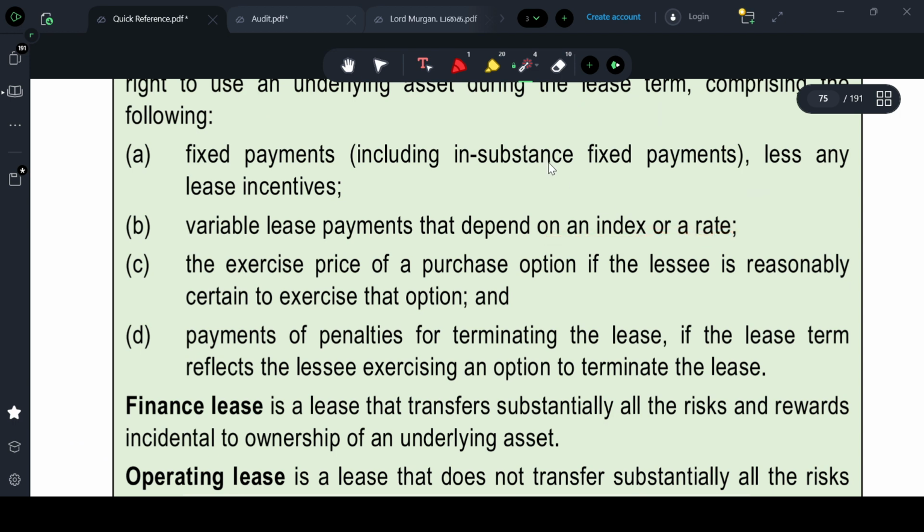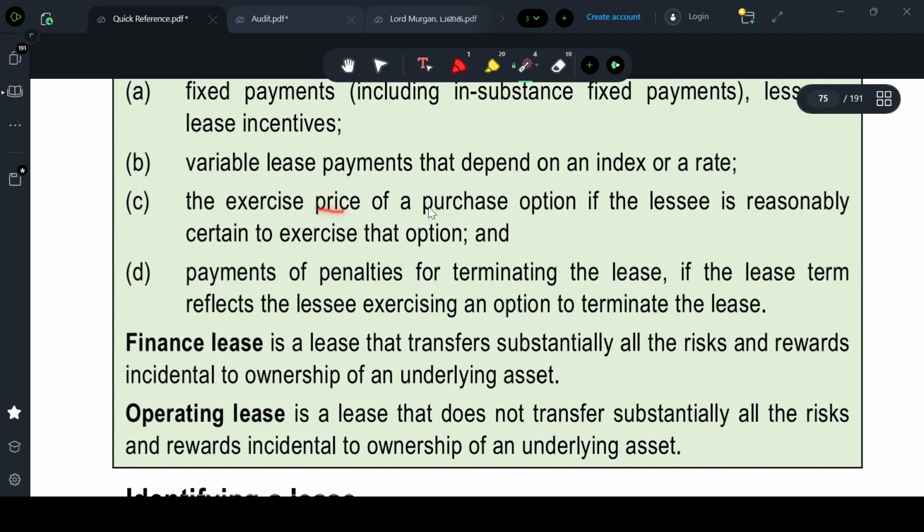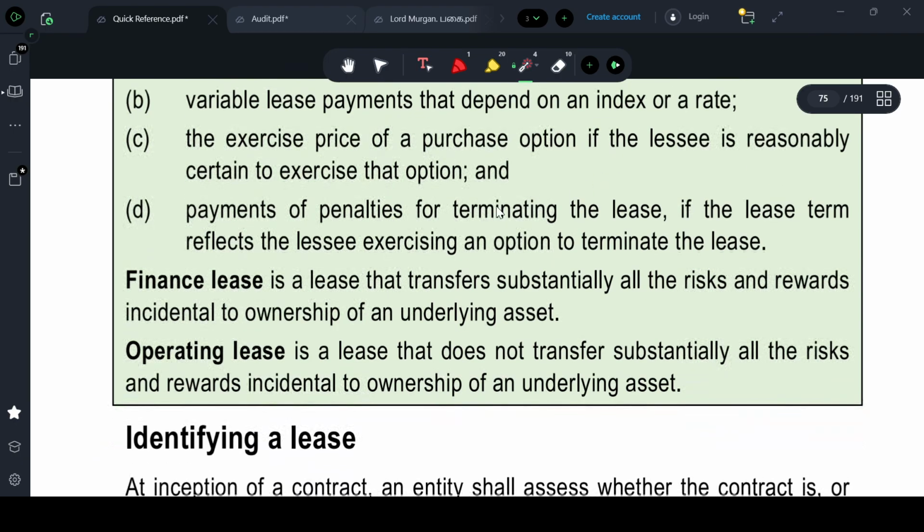So on hours of use of this asset, you will pay this much. If you use more hours, more payment. Less hours, less payment. The exercise price of a purchase option, if the lessee is reasonably certain to exercise that right. You will have to pay this much money if you have to purchase it. If you are not going to purchase it, the payment is different.